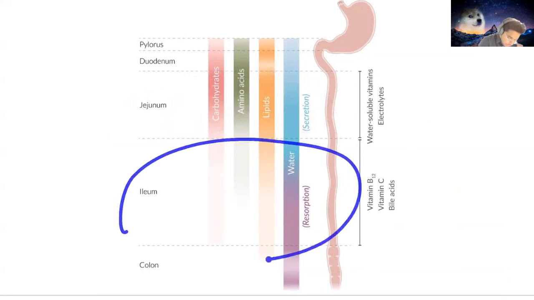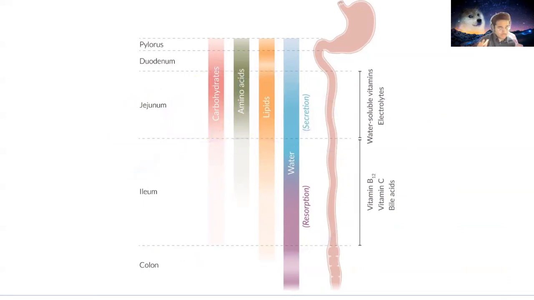Whereas in the ileum, what you're primarily going to do is bring in a couple of other components, right? Mostly water, and then there's also absorption of certain elements such as vitamin B12. Guess what, guys? Intrinsic factor from the parietal cells comes in full swing here, along with vitamin C, and then bile acids. Guess what? Those bile acids we're going to cover.